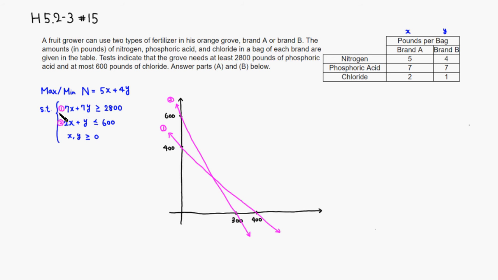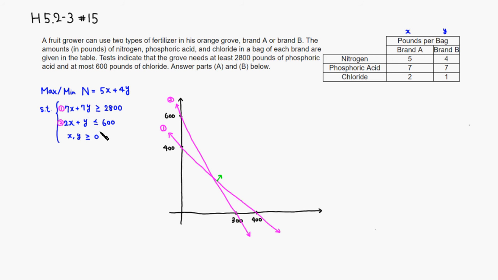So which region? Look at the first inequality and try 0, 0. 0, 0 does not satisfy the inequality, which means we have to shade the side that doesn't contain 0, 0.